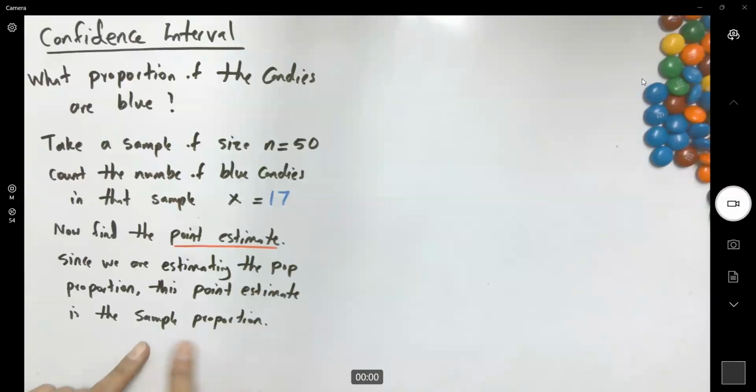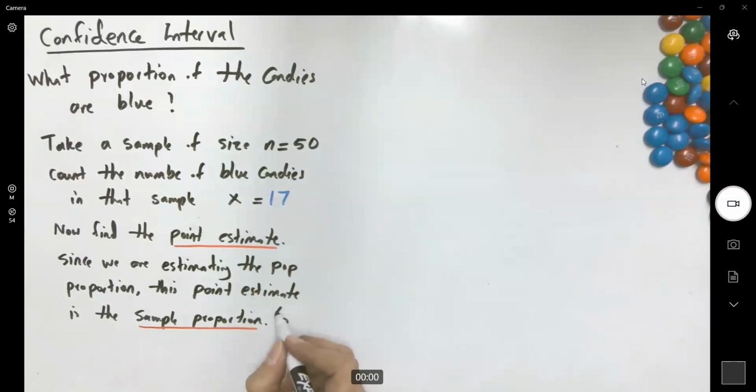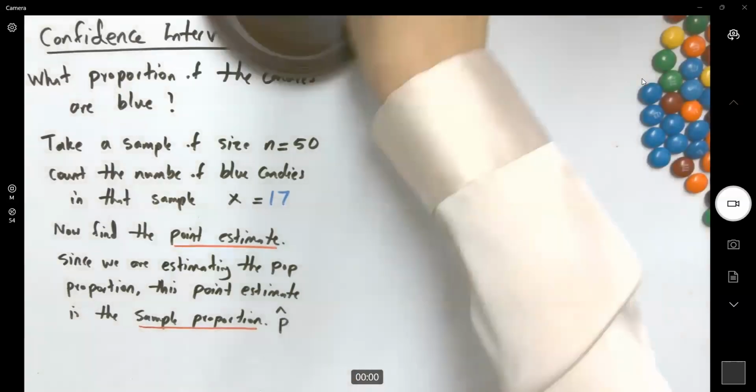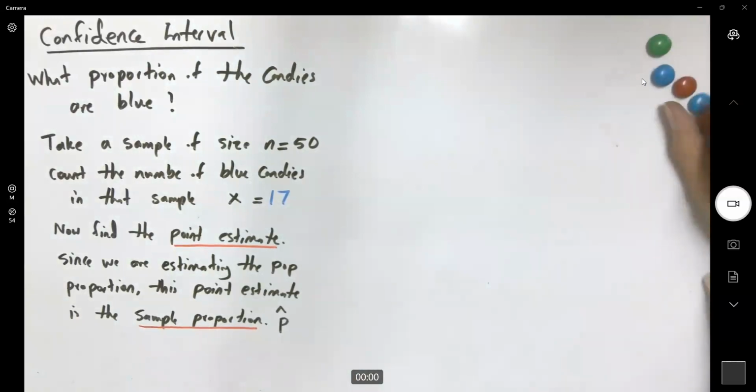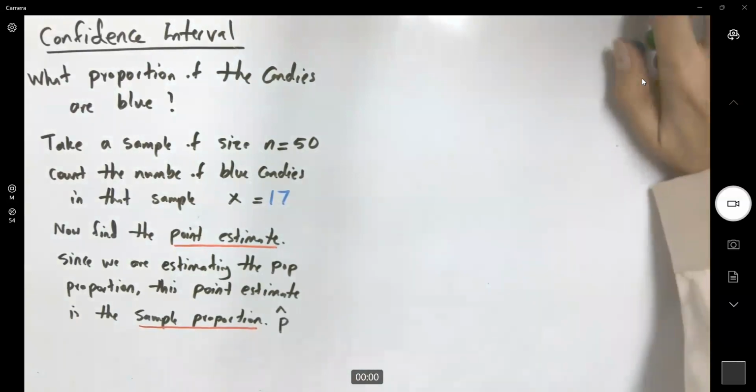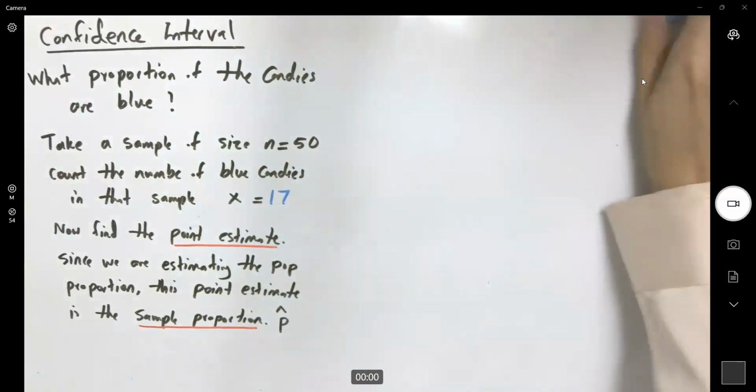What is the notation for sample proportion? Sample proportion is denoted by p hat. So let us go back to elementary statistics.